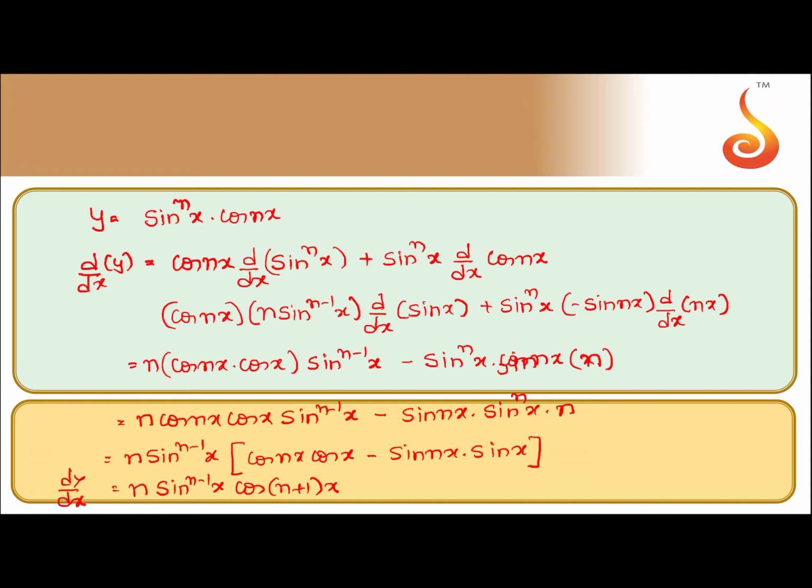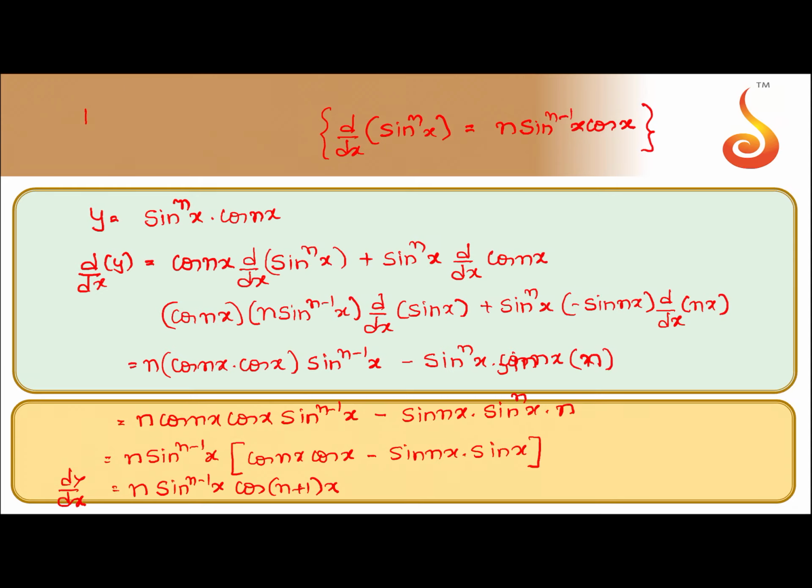So at every stage we have used the chain rule. I'll write on the top the formula: d by dx of sin to the power nx is nothing but n sin n minus 1 x into cos x. This is a very important formula, used once again via the chain rule.